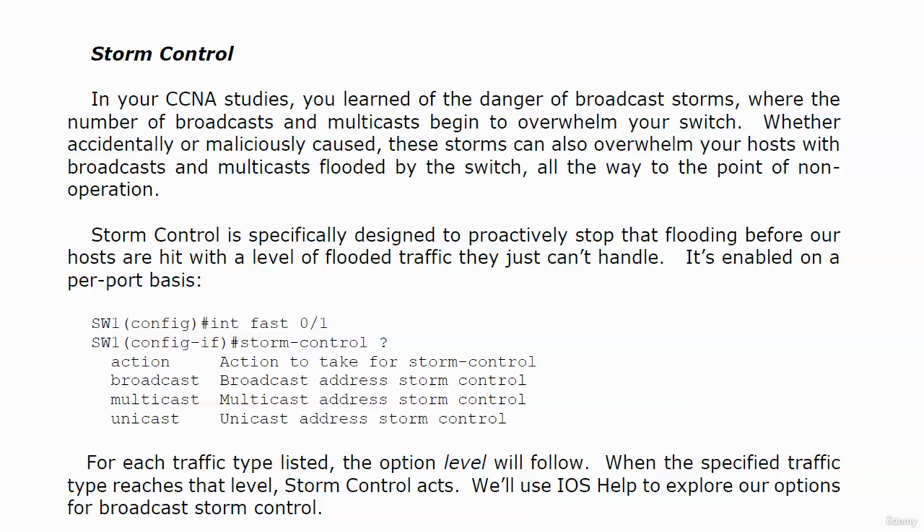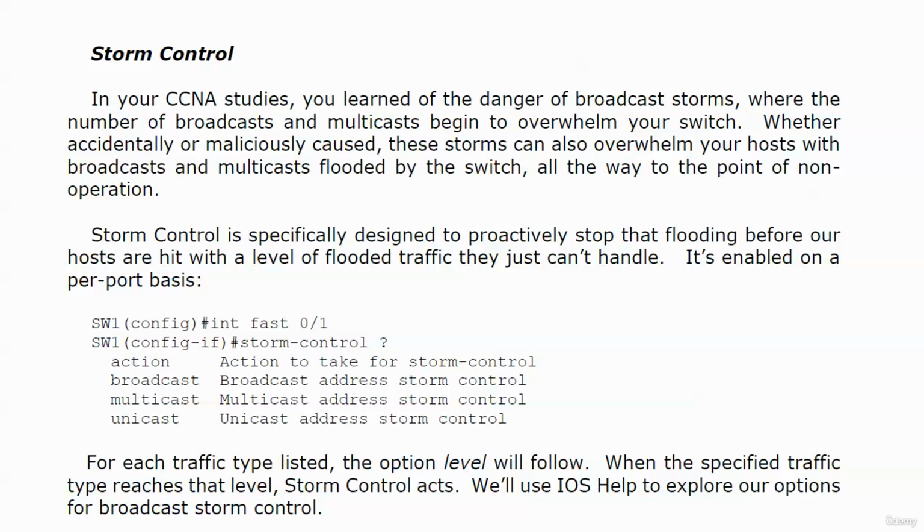And it can not only overwhelm your switch, but it makes your host non-operational. So I know the word proactively is really overused, but we do need to be proactive in this case, and Storm Control helps us do that. It is specifically designed to proactively stop that flooding before our hosts are hit with so much flooded traffic that they can't handle it. And it's enabled on a per port basis.